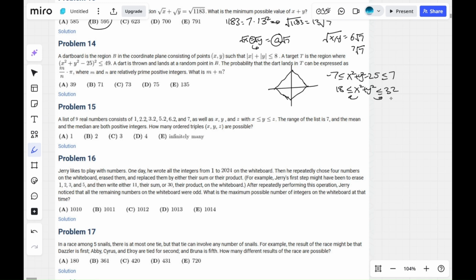So for x squared plus y squared equals 32, the radius is 4 root 2, and the area is 32 pi. And for the other one, the radius is 3 root 2 and the area is 18 pi. So that means that the area of T is 32 pi minus 18 pi, which is 14 pi.